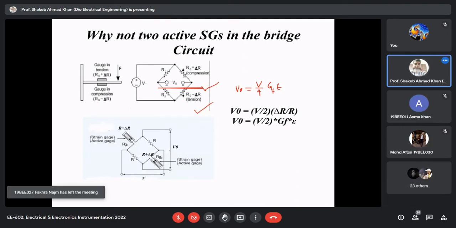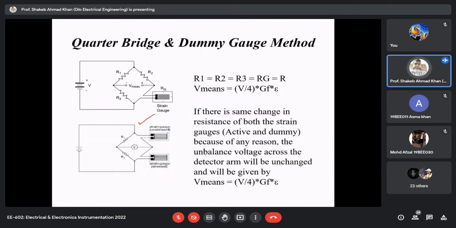What this scheme, whatever I had shown here, is called half bridge, because both the strain gauges used here are active strain gauges. This is called quarter bridge or dummy gauge method. Here only one strain gauge is active.